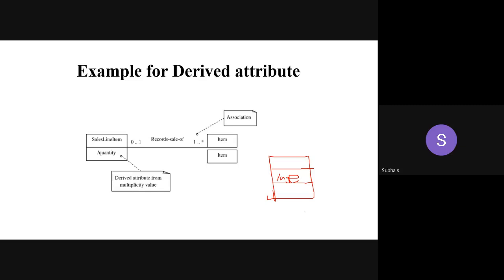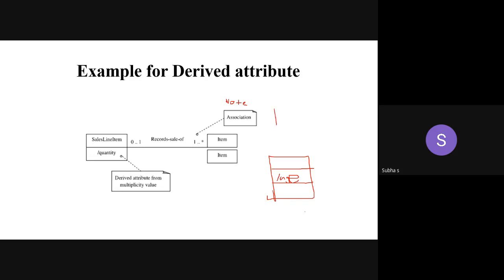So here it denotes 0 to 1 sales line item records the sale of how many items? 1 to many items. This is your association. They have mentioned this as a note. Do you remember? Note. This is called a dog-eared rectangle.